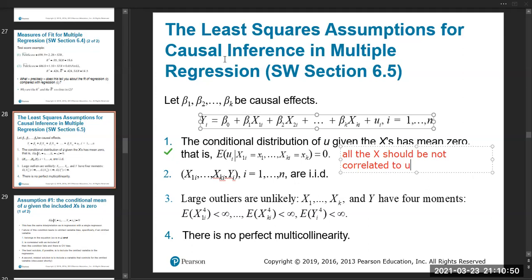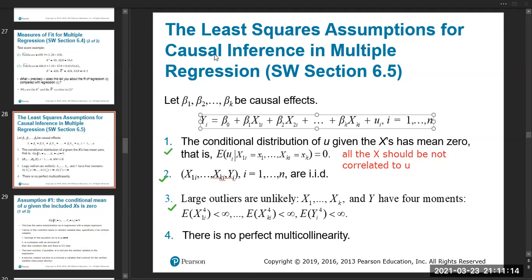The second thing is also not new. Your sample should be random, or it should be IID. The third thing is also not new, okay? All the x variables and y have finite fourth moment, or have rare outliers.